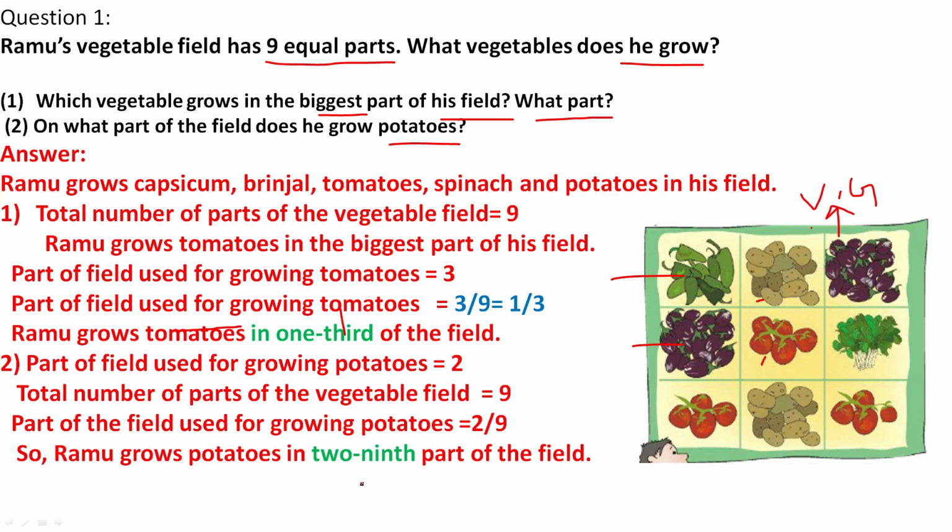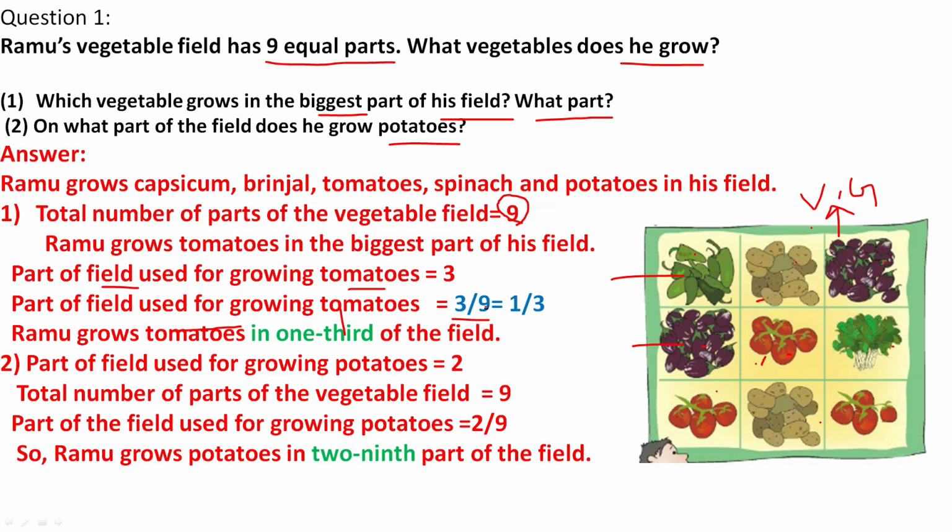The total number of parts of the field is 1, 2, 3, 4, 5, 6, 7, 8, 9. There are 9 parts in his field. Ramu grows the biggest part of his field. Part of the field used for growing tomato: you can see 1, 2, 3. So 3 by 9. Out of 9, 3 parts he grows only tomatoes.